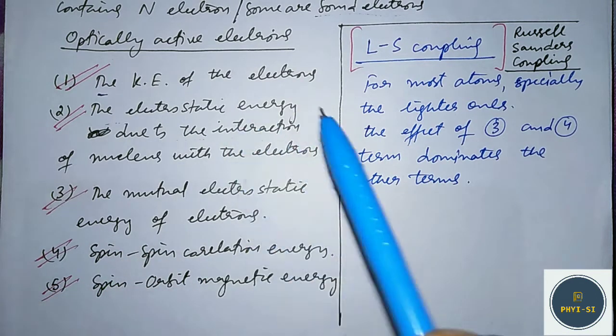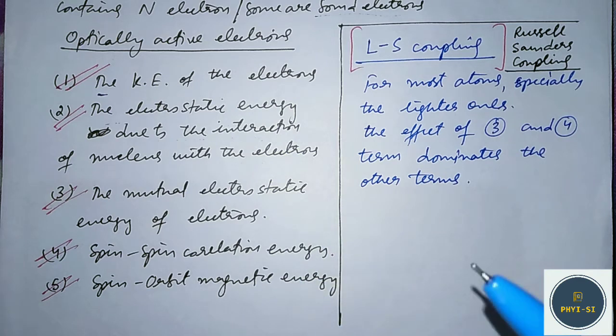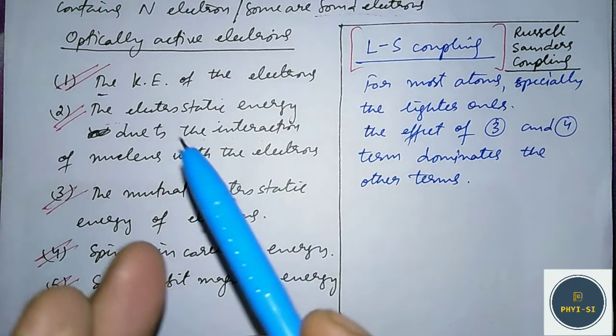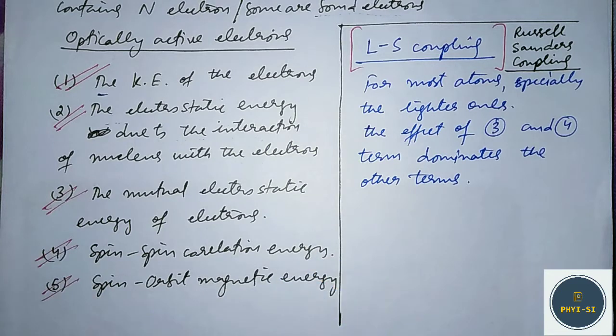Also, they can have an orbital magnetic moment due to their orbital motion around the nucleus. And then the spin-spin correlation energy: we know that electrons can spin clockwise or anti-clockwise. If they have parallel spins, then they can repel, and if they have anti-parallel spins, they can attract.